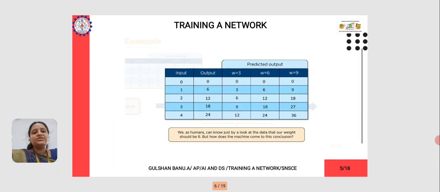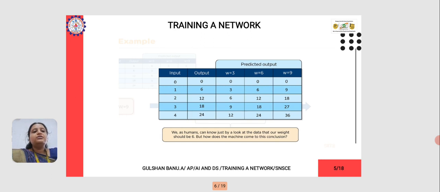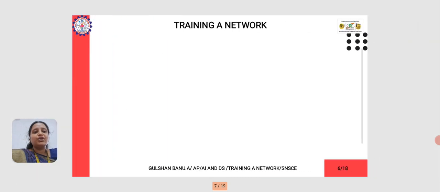Here we calculate the input value and w value and get the output. Multiplying 1 and 3, you get 3. Next 1 and 6 is 6, and 1 and 9 is 9. The output we have got, with some minor error, is 6, which is the median value.